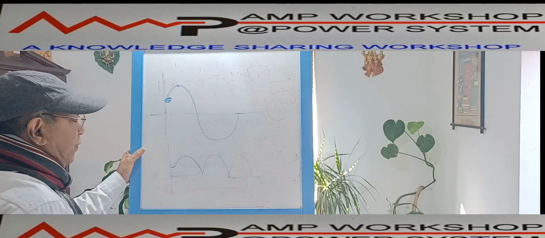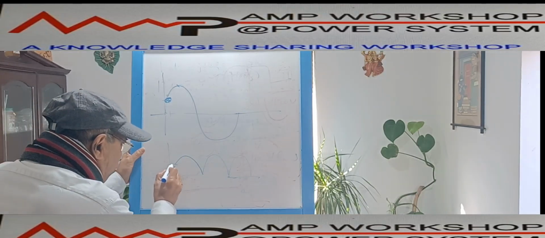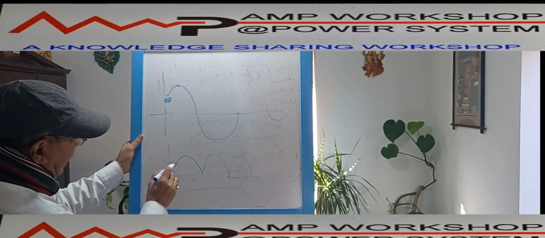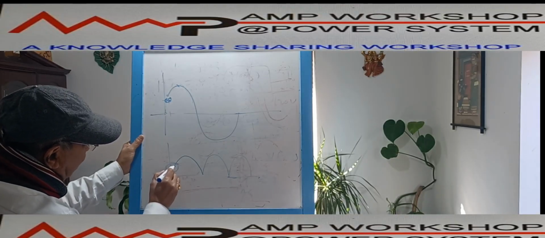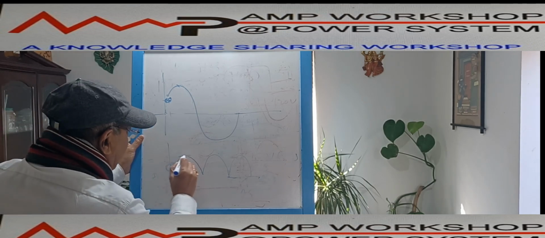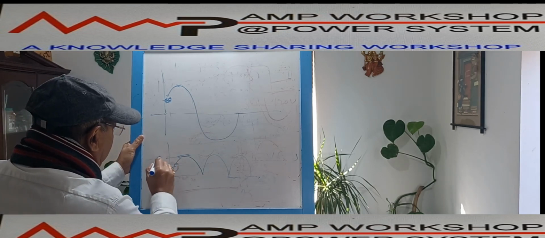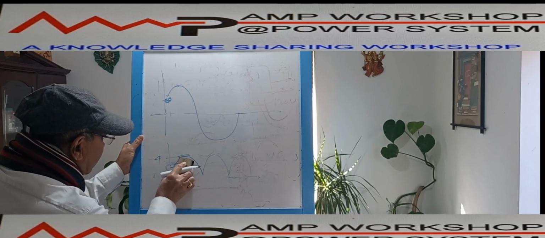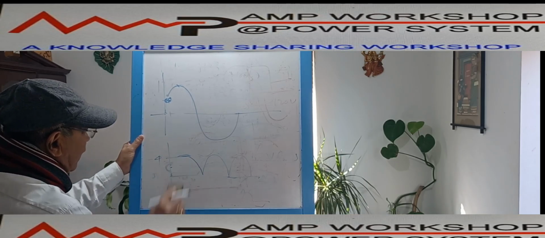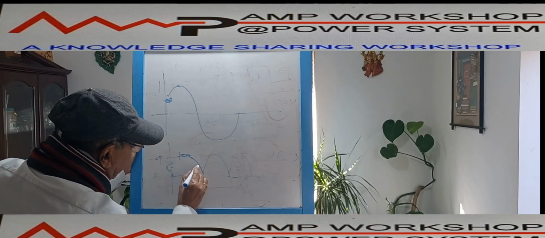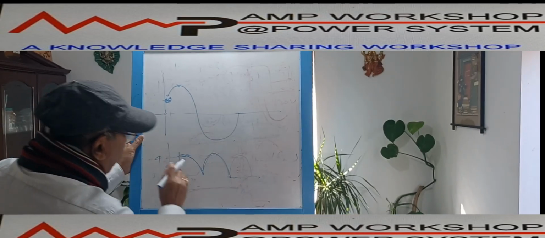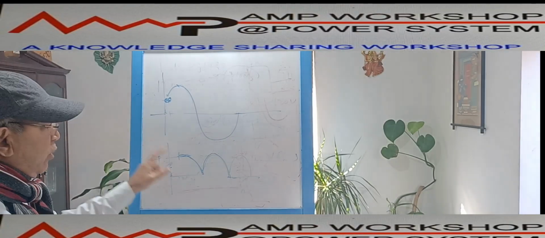So by controlling the gate voltage, I can chop some portion of the waveform. Suppose I trigger the gate at 4 volt, then this input part will not be there, and it will start from here. Once the gate is triggered, you cannot stop it. Then it will be conducting.